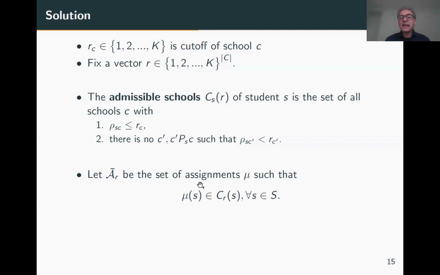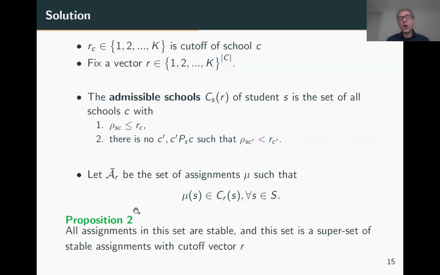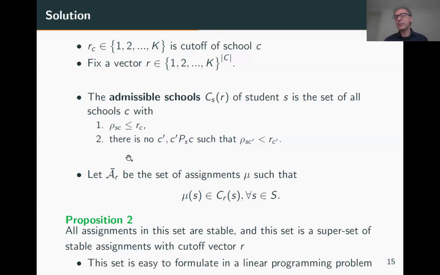This is the set of assignments such that each student is assigned a school from their admissible schools. Well, do I know that this assignment is stable? Actually, I do. All the assignments in this extended set are going to be stable. And this set is going to be a superset of stable assignments with a cutoff vector R. And now this set is going to be much easier to incorporate in my optimization problem.